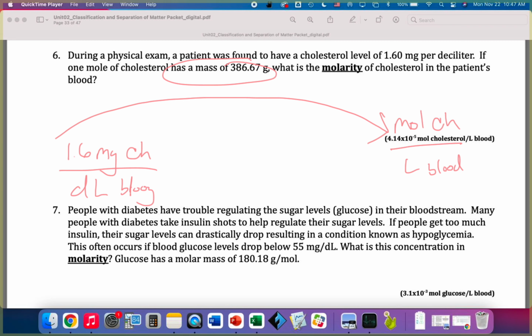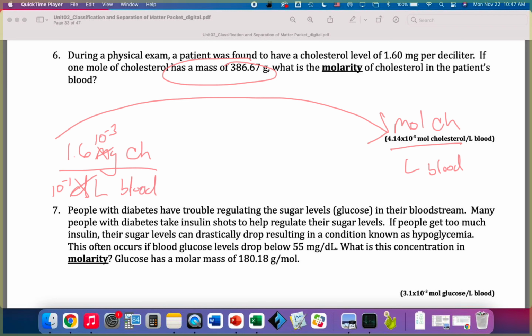I think the easiest way to get rid of these metric prefixes would be to replace them with their powers of 10. So milli is 10 to the negative third grams, and a deciliter is a tenth, or 10 to the negative 1 liter of blood.